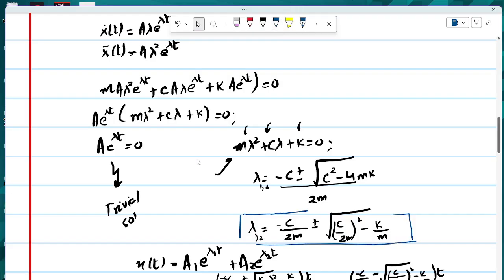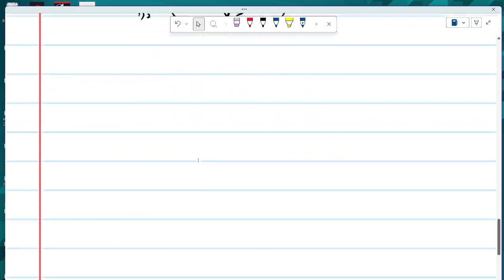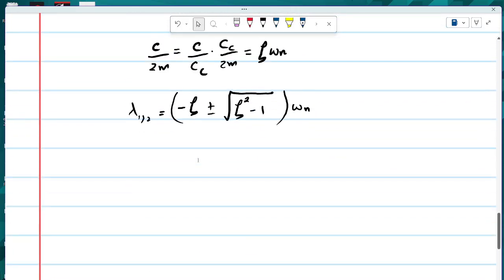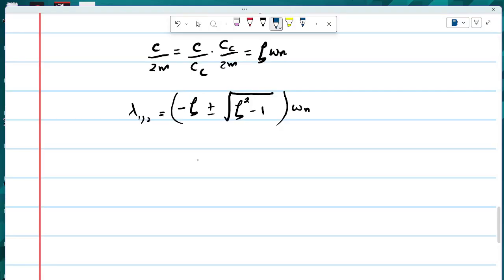Now based on this, we have different cases for the mass spring damper system. Case 1 is called an underdamped system. An underdamped system is a vibrating mechanical system in which the damping is not sufficient to prevent oscillation.